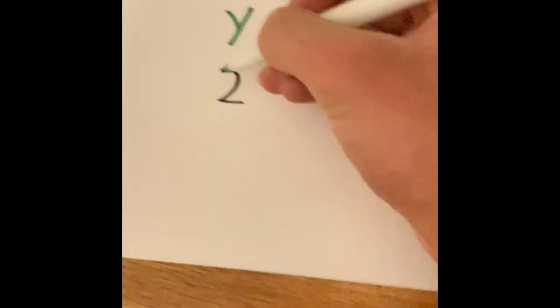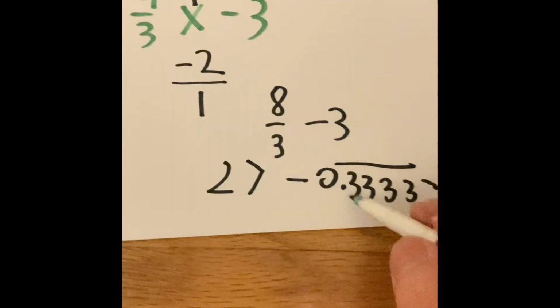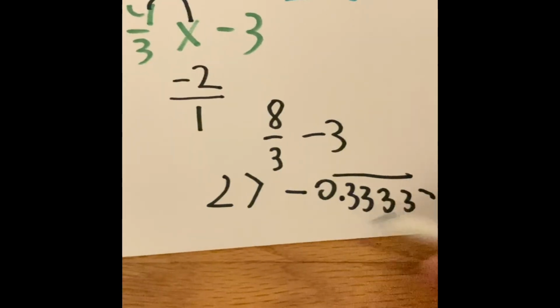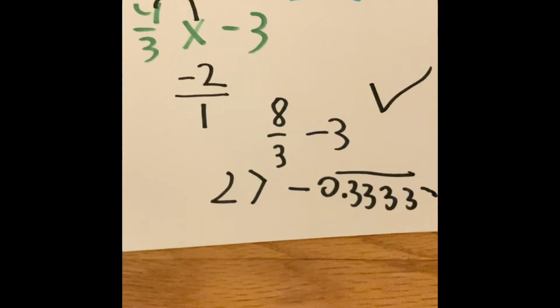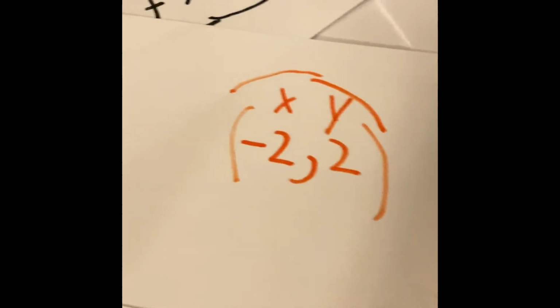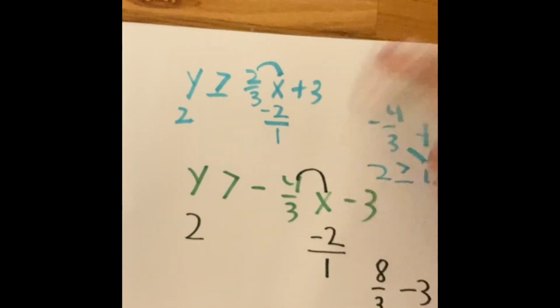And we have y equal to 2. So it's 2 greater than negative 0.3333. If yes, that also works. So the point (-2, 2) can be a satisfied input and output for these two equations.